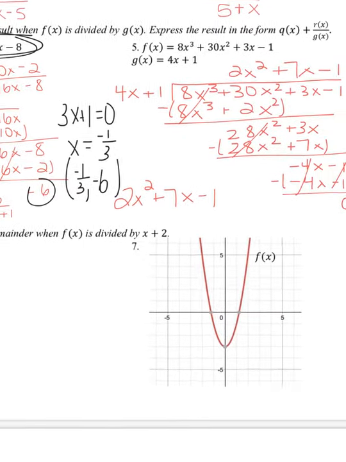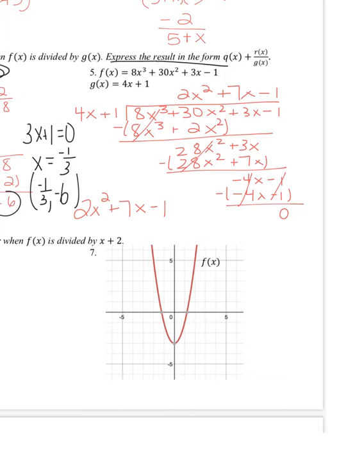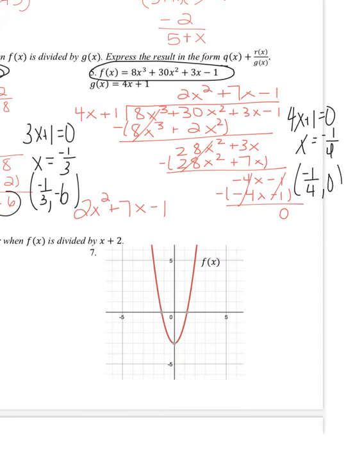For number 5, this function f of x, with 4x plus 1 equals 0, so x is equal to negative 1 over 4, contains the point negative 1 over 4, comma, 0.